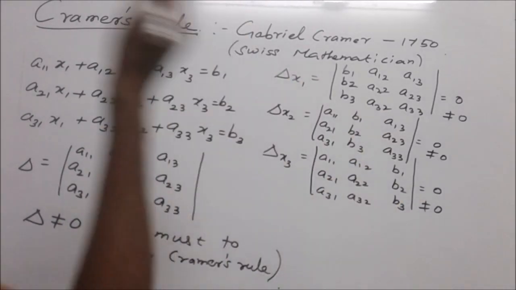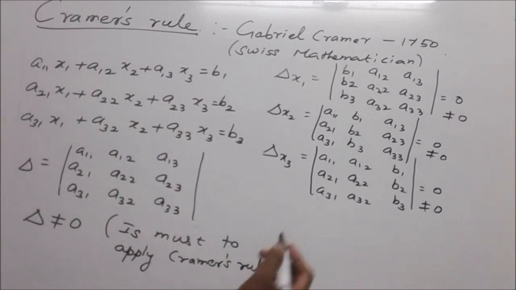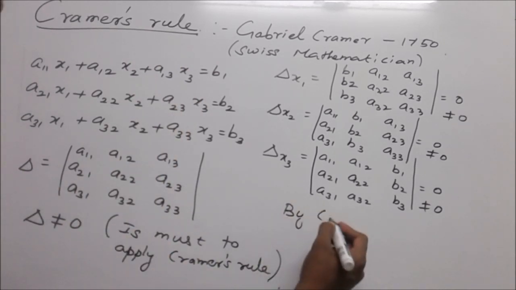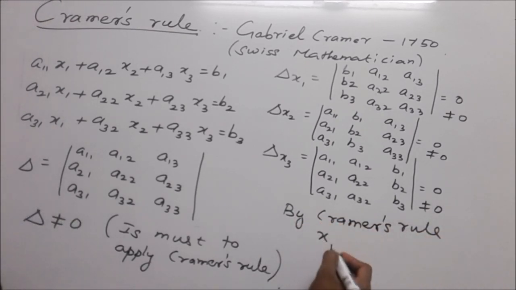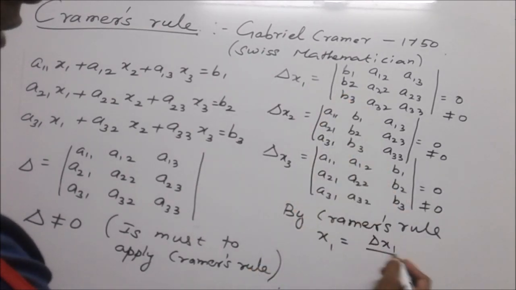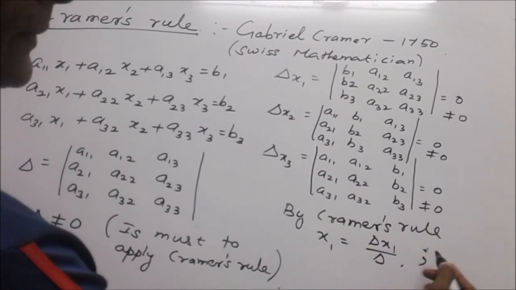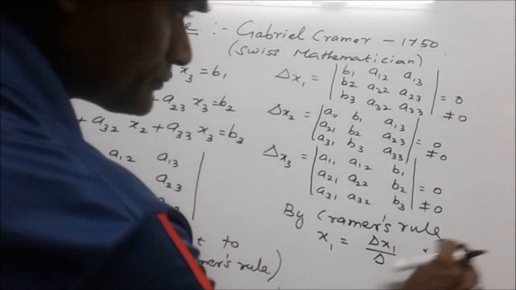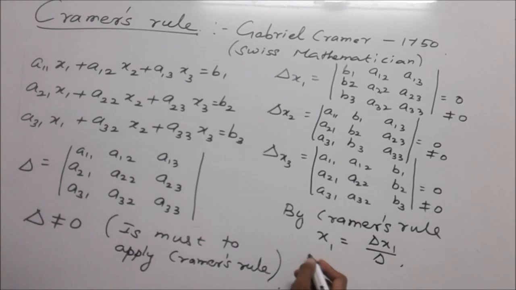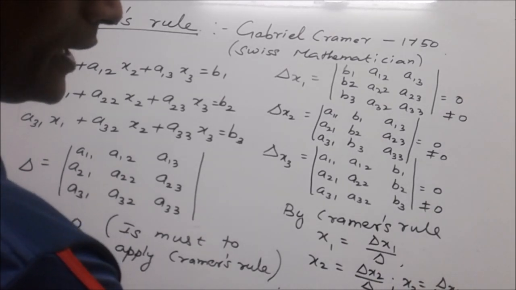Then in this case, how to find the values of x1, x2, x3, the unknowns? By Cramer's rule, x1 equals delta x1 divided by delta, x2 equals delta x2 divided by delta, and x3 equals delta x3 divided by delta.